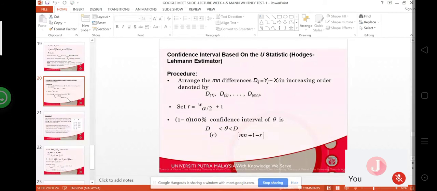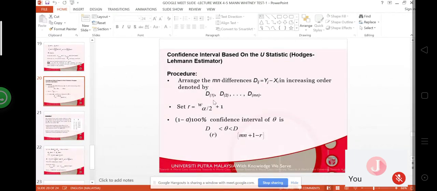So here, how are you going to find the confidence interval, or the difference between two population medians? The first thing to do is to arrange the how many differences altogether? mn differences. So how to get the differences? Y minus X, in increasing order. So arrange these differences in increasing order.